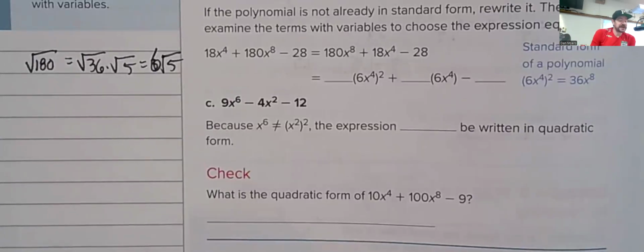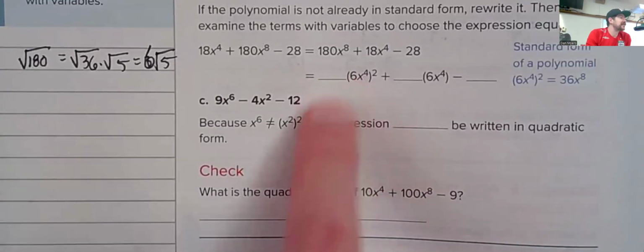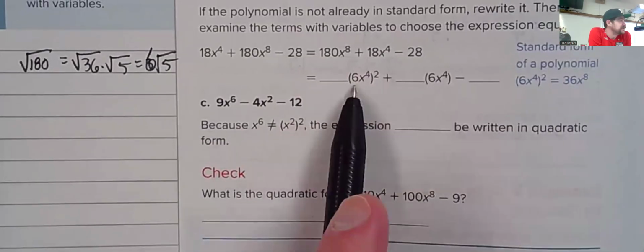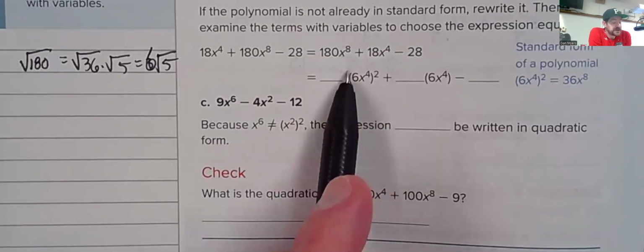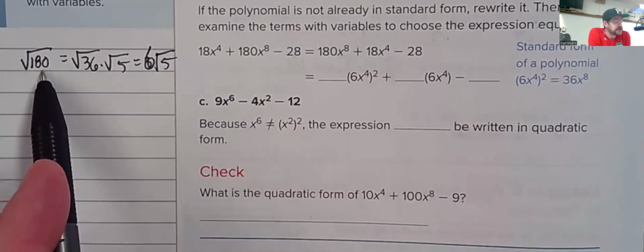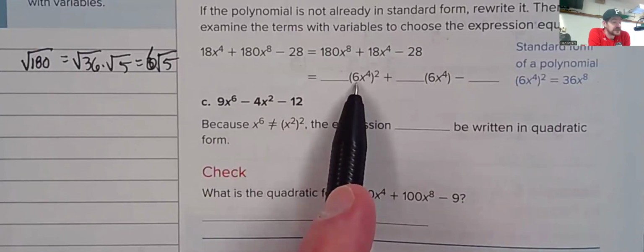And so what ends up happening is we're not actually dealing exactly with square roots here, but we are kind of thinking in that pattern because we want to be able to square root the largest perfect square factor of this number. And if you square root 36, you get 6, and you'll notice there's 6.